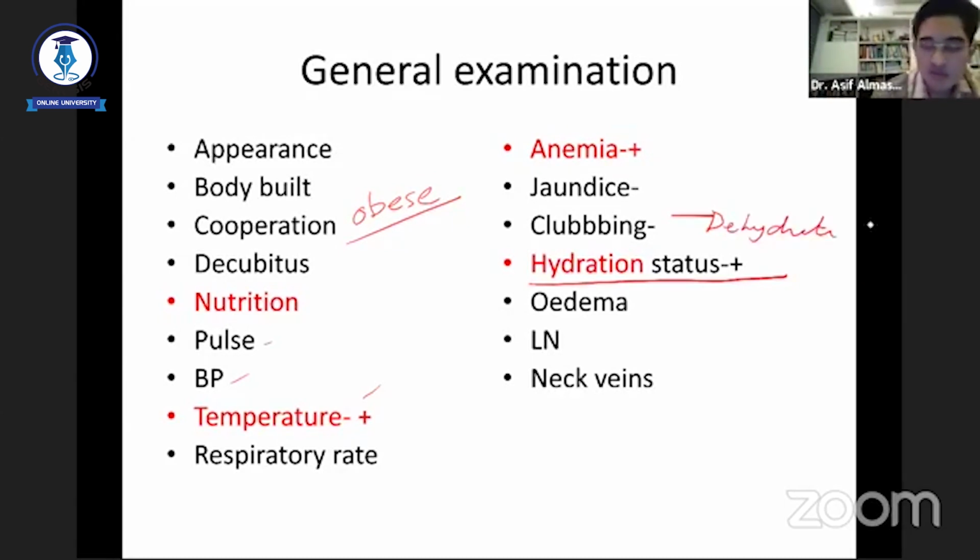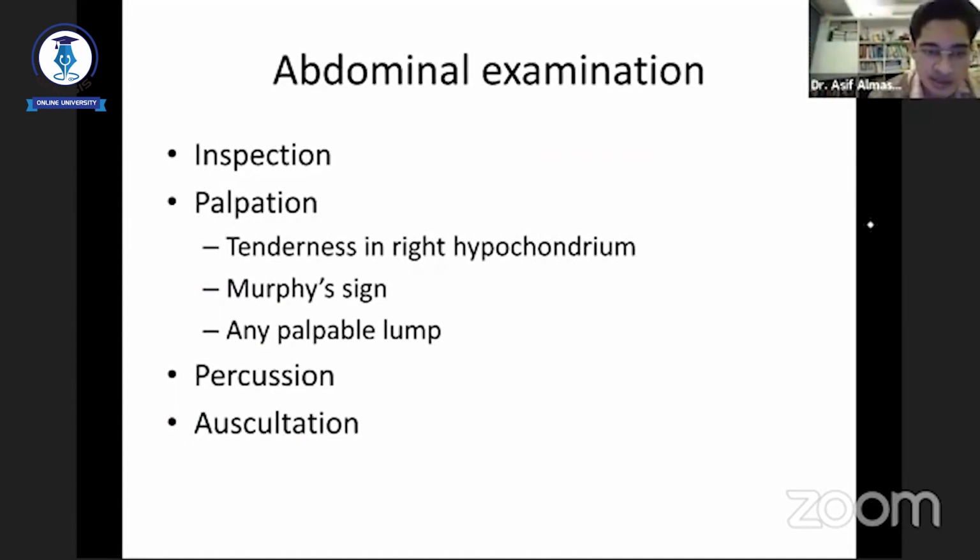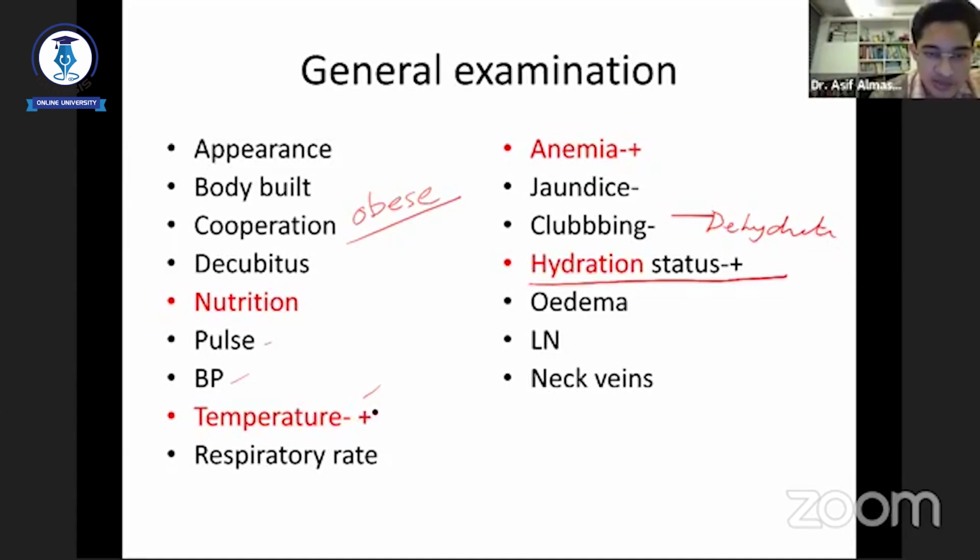If the patient has acute cholecystitis, the patient may have fever and tachycardia. So these are some of the features that may be present if the patient comes with acute or acute on chronic cholecystitis.